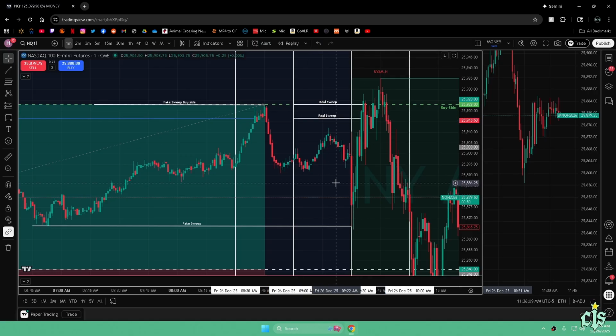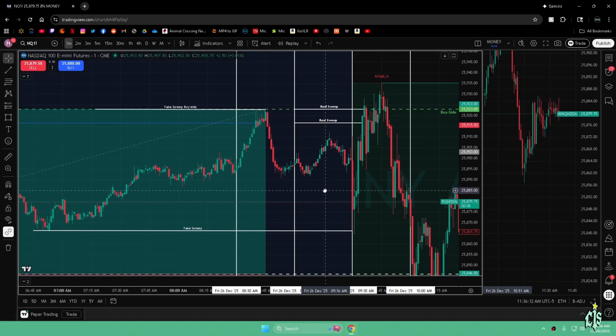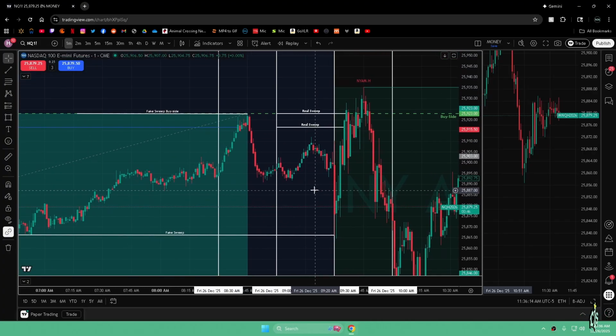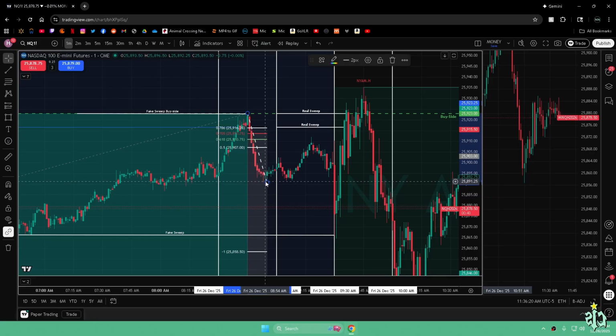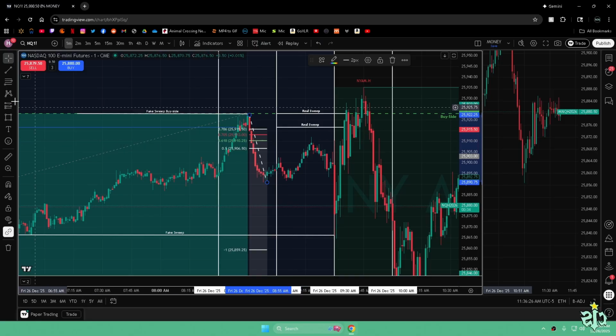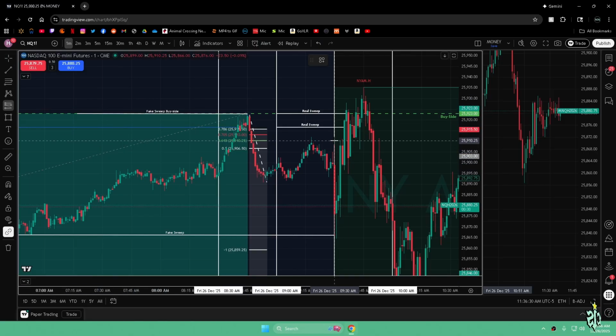Okay. So now, here's the trades you could have taken. You could have grabbed your fib, high to the low, and you could have gotten in at this wick, actually. This one. I took this trade from this wick.